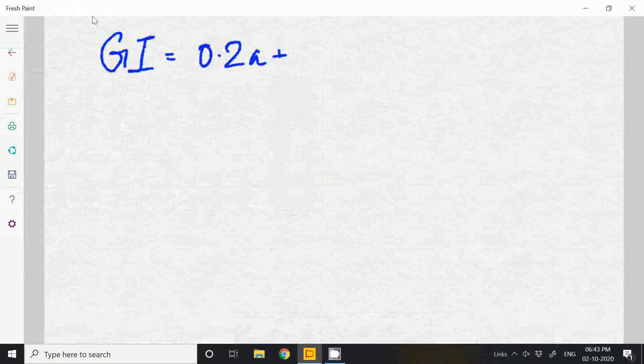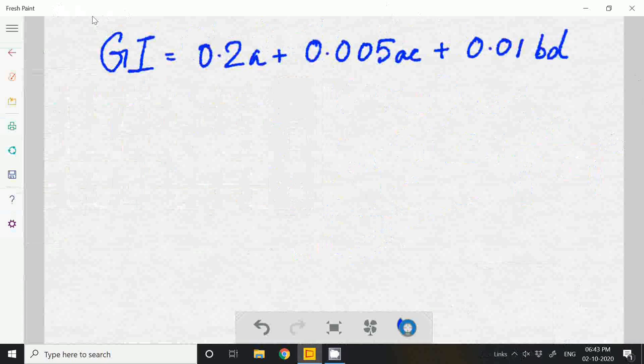So the group index method, the formula is GI is equal to 0.2A plus 0.005AC plus 0.01BD. This is the formula for group index.